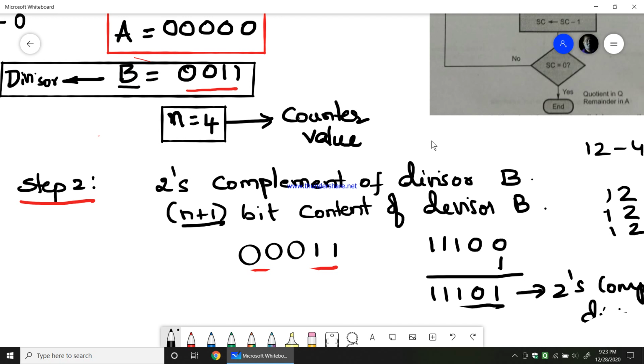If I want subtraction of any binary number, you should know that the subtraction will happen when the subtracted value is considered in 2's complement.